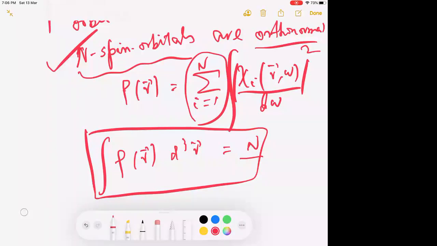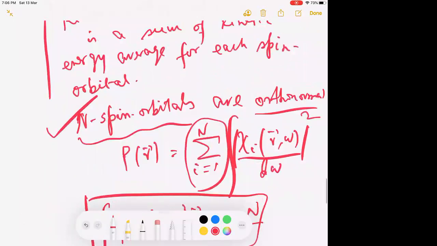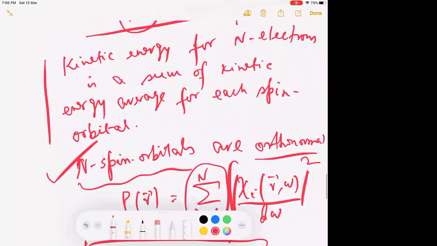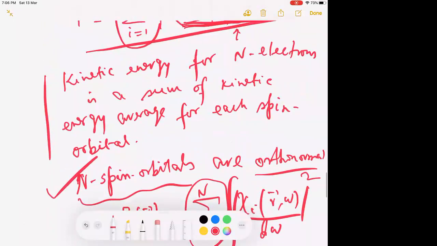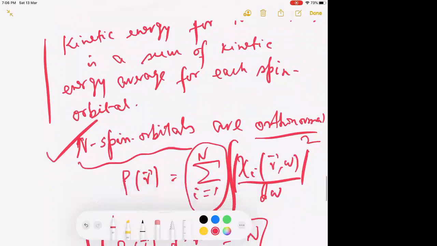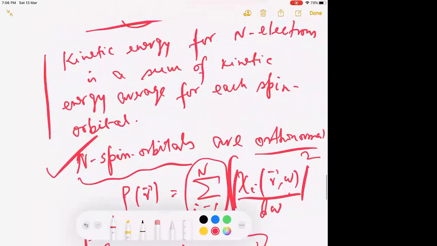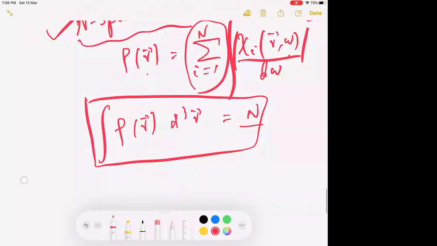If you count the density over the entire space, it should always be the total number of electrons. It can't be more than the total number of electrons or even less. If it is less, that means you're missing some electrons. So it should be exactly the total number of electrons. And that is automatically satisfied because rho of r can be written as a sum of the spin orbital densities, and since the spin orbitals are orthonormal, it can be automatically shown that this normalizes to n.